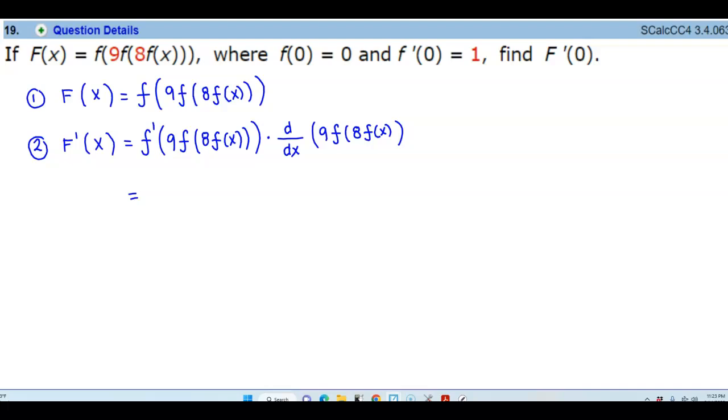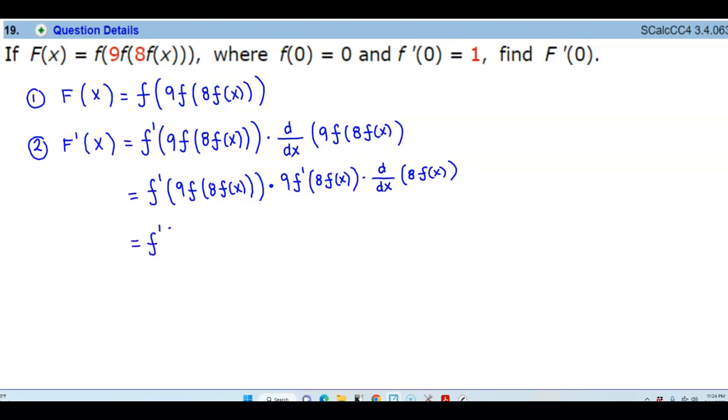We're going to have f prime of 9 f of 8 f of x times, well, this becomes now 9 times f prime of 8 f of x times the derivative with respect to x of 8 f of x, which is then going to equal the following.